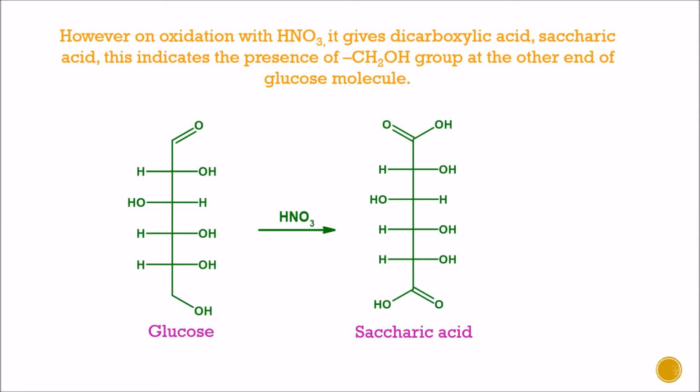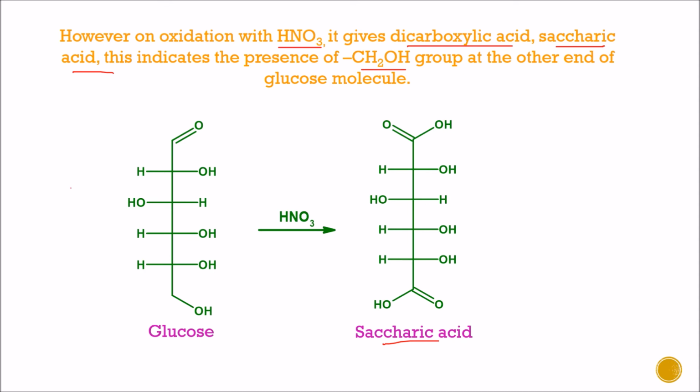However, on oxidation in presence of HNO3, it gives dicarboxylic acid, saccharic acid. Earlier, after oxidation in presence of Br2 water, it forms a monocarboxylic acid, gluconic acid. Here, after oxidation in presence of HNO3, it forms a dicarboxylic acid, saccharic acid. This indicates the presence of CH2OH group at the other end of glucose molecule.